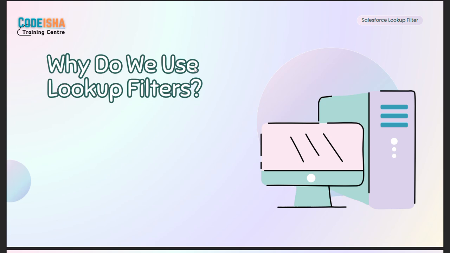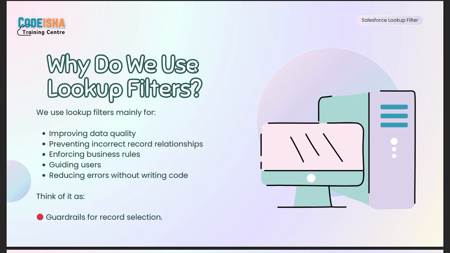We use them for improving data quality and preventing incorrect records in relationships, enforcing business rules, guiding the users, and reducing errors. They act like guardrails for record selection, and we can implement them without writing any code.